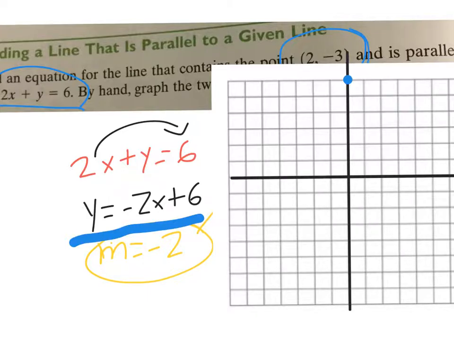And then the slope is -2, which means I go down 2, right 1. I heard Hayden say earlier, it's -2 over 1, which is correct. That's what we're going to do, go down 2, right 1. And then connecting all those points gives me that line.